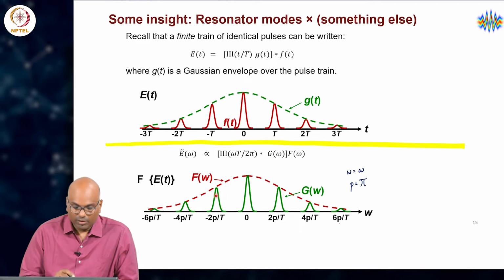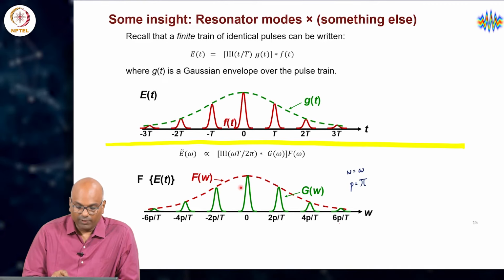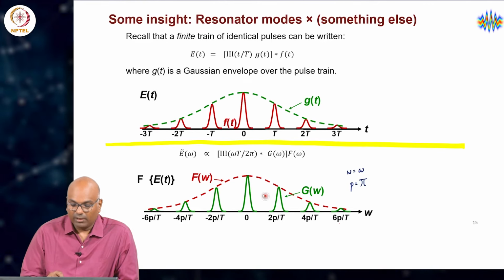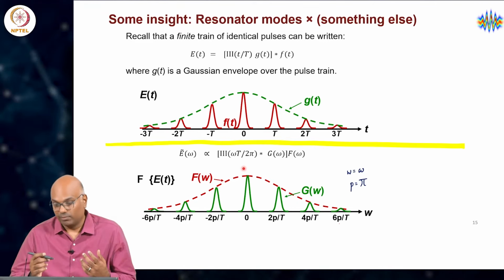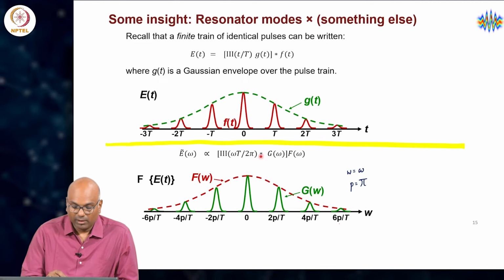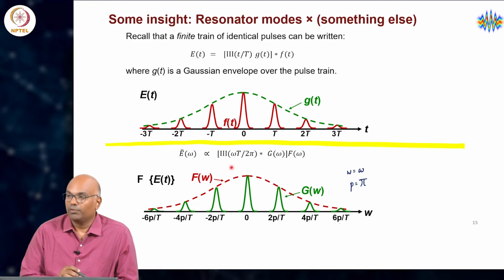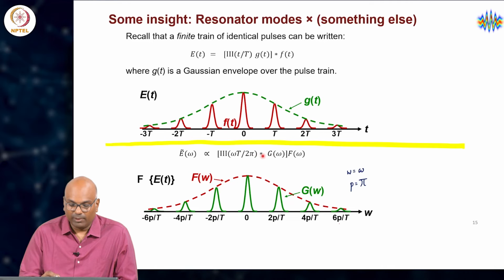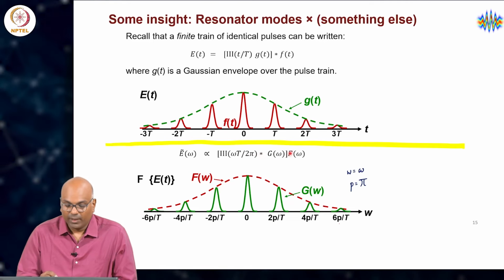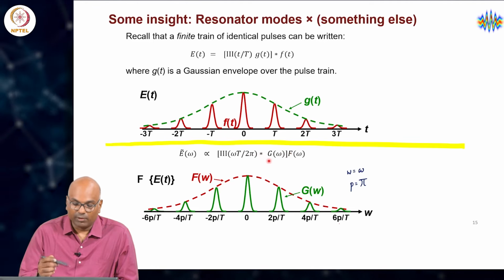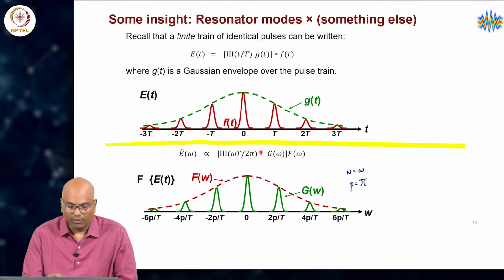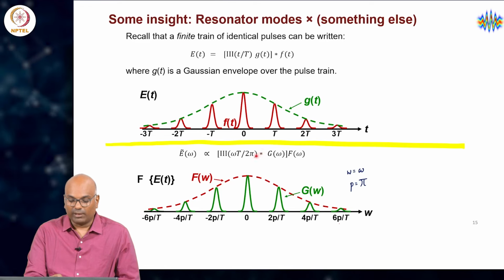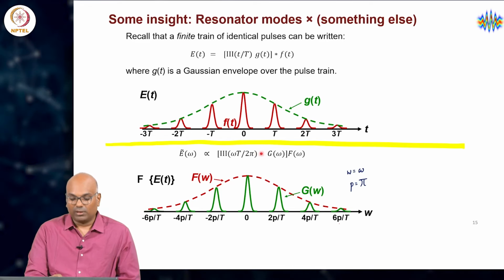So what did we then do? We said we understand three important aspects about Fourier transforms pretty well. A convolution in the frequency domain corresponds to a multiplication in the time domain, and a multiplication in the frequency domain corresponds to a convolution in the time domain. Convolution is designated here by the asterisk, or star symbol.